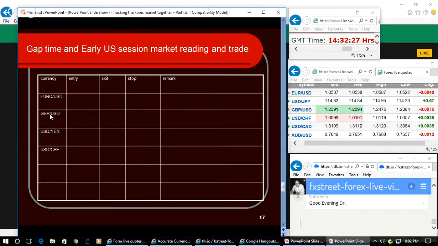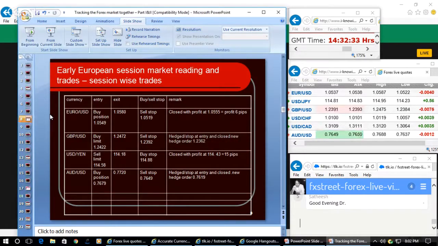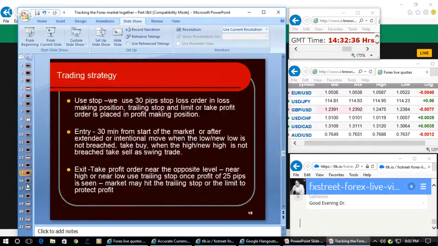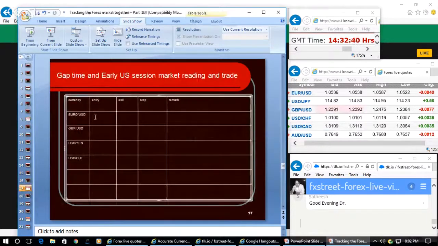Now the gap time is over and the new session starts. So we can take a fresh position in the case of euro. As I told you, they are expected to make a small dip and then go up again.